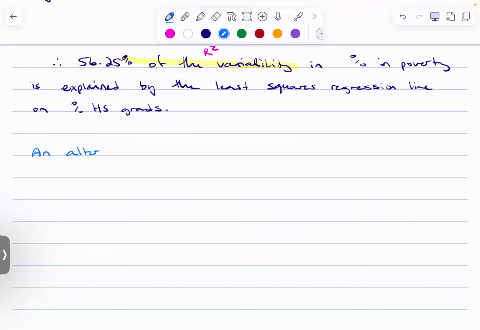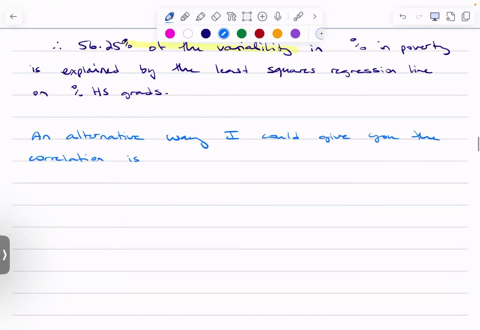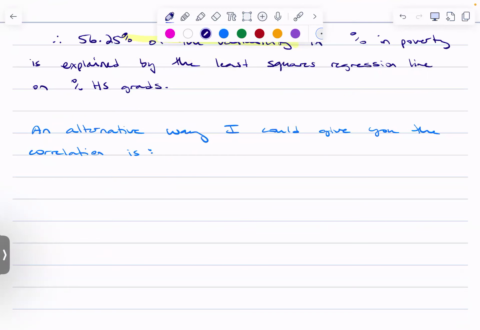An alternative way I could give you the correlation is something like this. I don't want to start my parts over. I guess I will. All right. I'll just make up an r squared. All right.